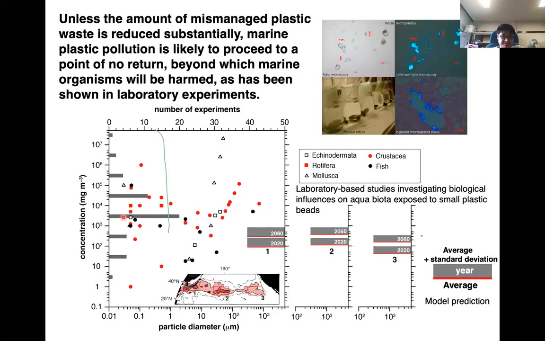So this means that if marine organisms exist in water with a microplastic concentration larger than 1 milligram per cubic meter, some damage will appear in marine biota, and this concentration will be realized in the future here and here. So marine plastic pollution in 50 years after reaches the levels at which marine organisms show damages.